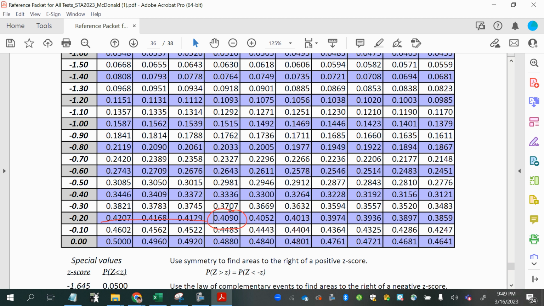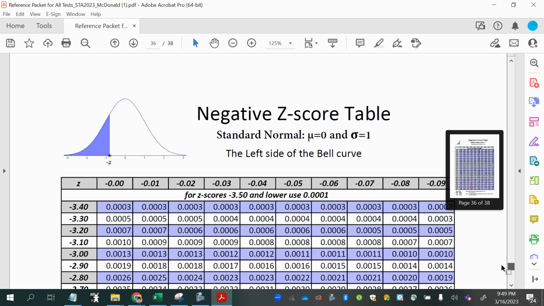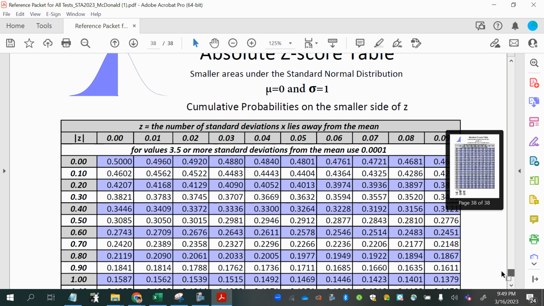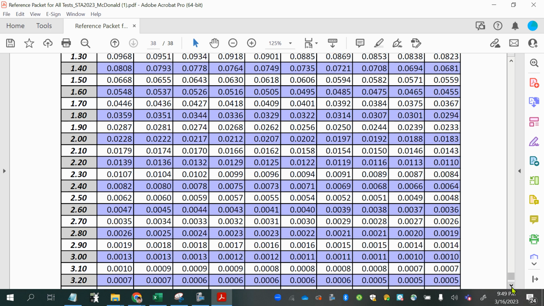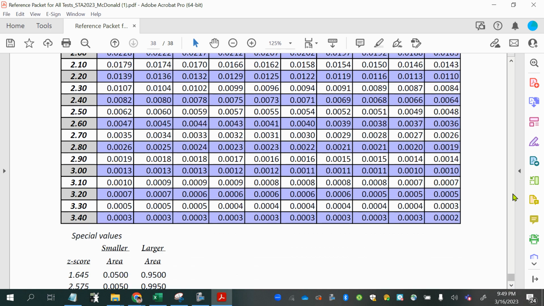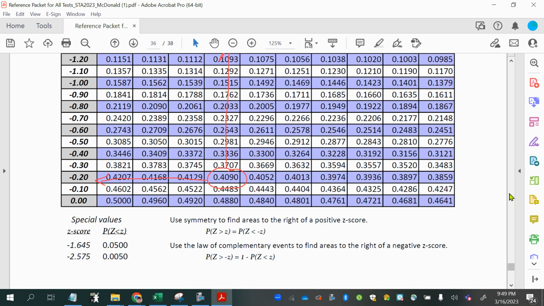I'm going to work my way out to the boundaries and get the first digit after the decimal, the first two digits from the column here on the left. So it'll be negative 0.2. And then I'll work my way up to the top to find the last digit. Negative 0.2.